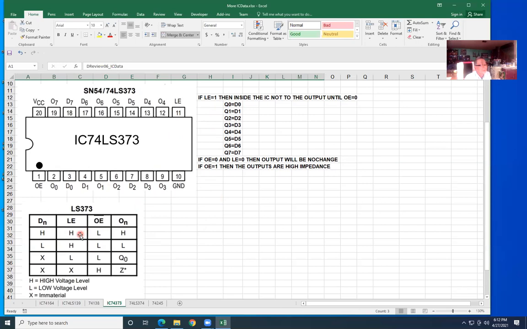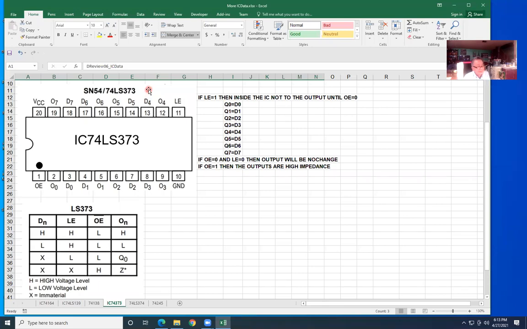So 1 will go inside. But once inside here, they do not go to the output until output enable pin 1 is 0. Pin 1 is 0, then whatever is inside this IC will go to the output.